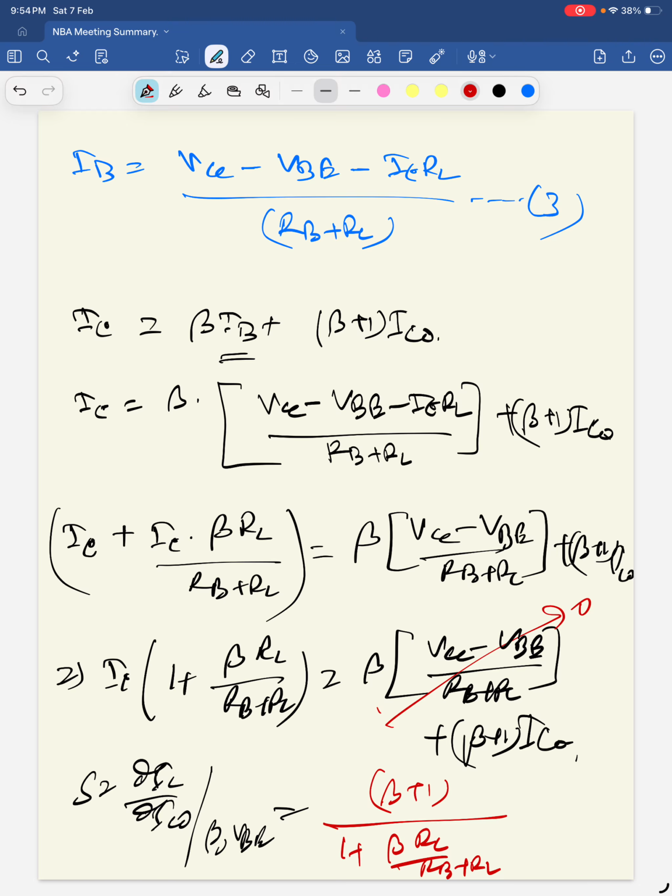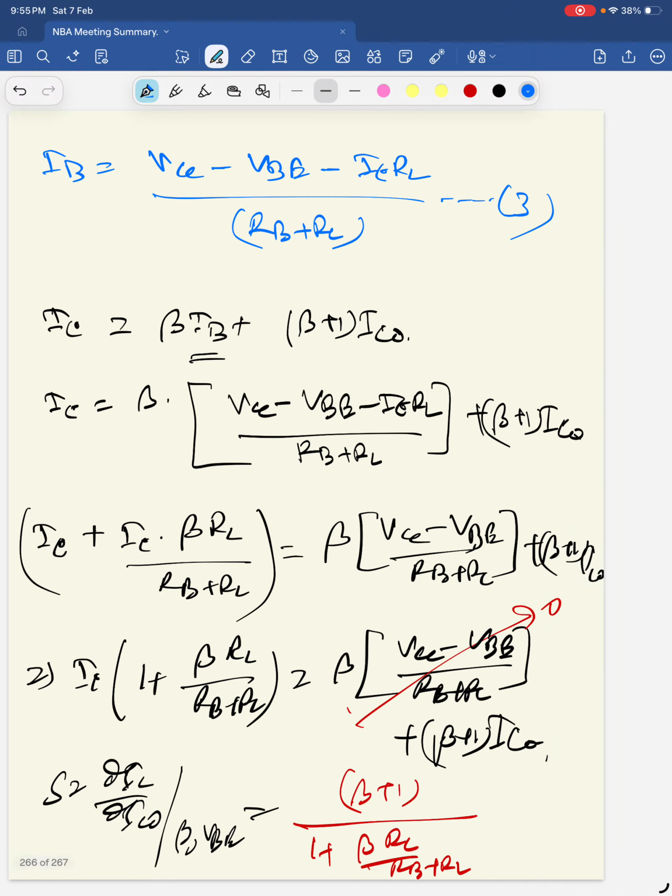So this is the final solution. Ultimately we get S is equal to beta plus 1 divided by 1 plus beta RL divided by RL plus RB.